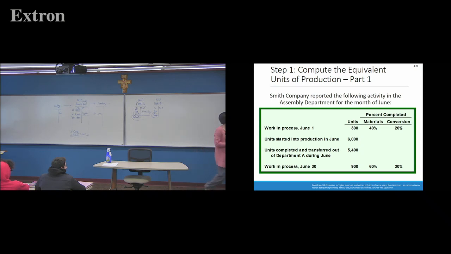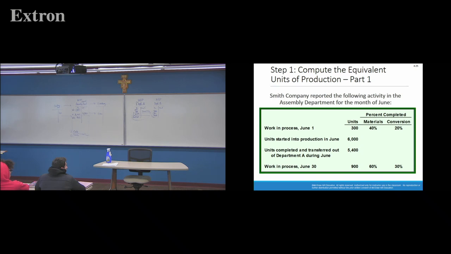So anytime you see a problem like this, and we're doing weighted average, I don't need the beginning inventory percentages. If I was using FIFO, first in, first out, I would have to keep these units separate from other units, and I would need these percentages. But I'm lumping all of my units together and assigning the same dollar value to all of them, so I don't need these percentages. Ignore them for just the June 1st balance.